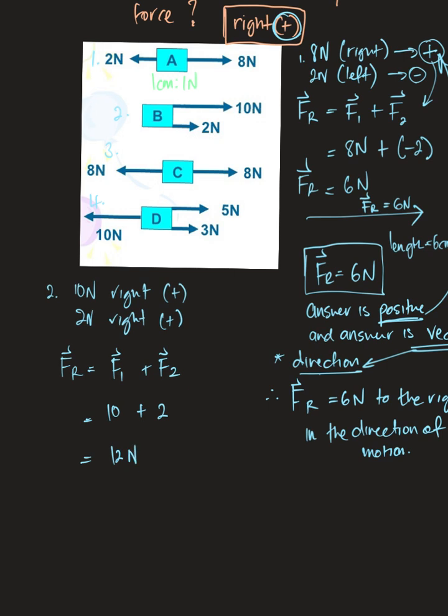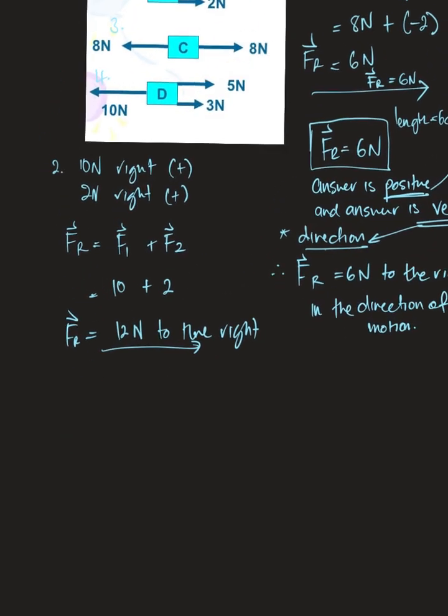Remember what we said? Anything that's positive is to the right. So therefore, FR is 12 newtons to the right.